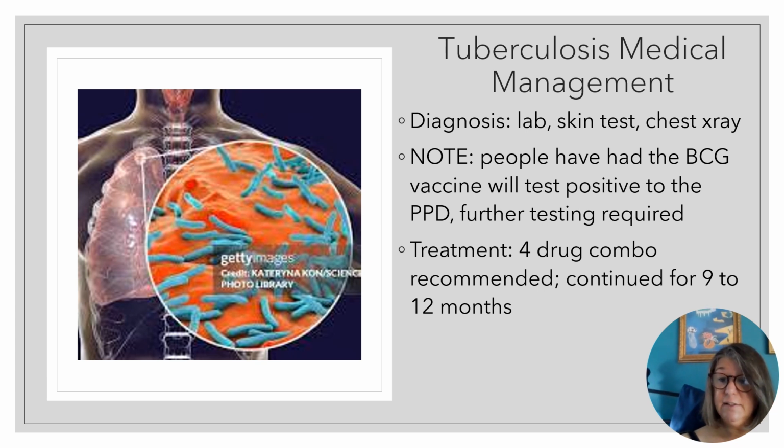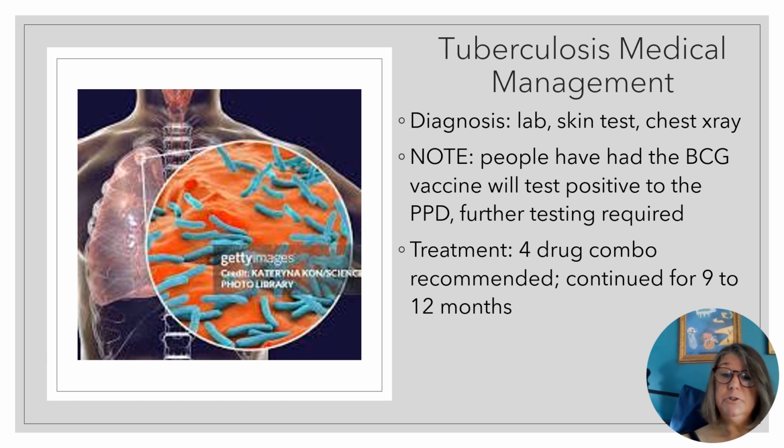But if you've had the vaccine, you have antibodies, so you may get a false positive on your skin test. You don't really have TB, you don't have latent TB, you just have antibodies related to the vaccine. So if you are ever in a position where you are administering TB tests to staff or out in the community, one of the questions you're going to want to ask is, has somebody received the BCG vaccination?